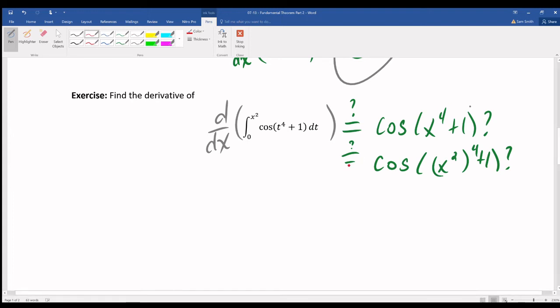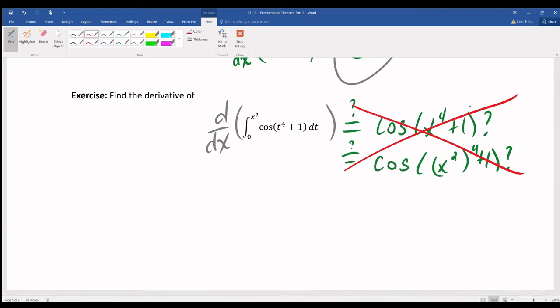Therefore, it's completely invalid for us to try and apply the fundamental theorem to this function at all, because this function doesn't have the correct format. Ours has an upper limit of x squared. It's supposed to have an upper limit of x.